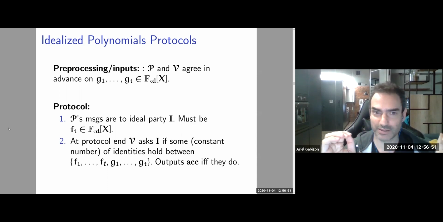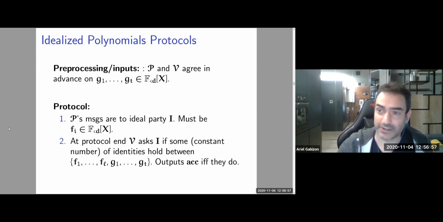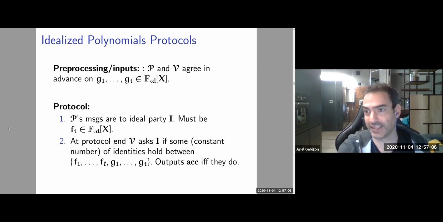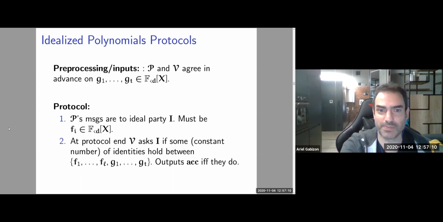The protocol has some pre-processing or input stage where there's a prover and verifier. And in this first stage, we agree on some set of polynomials of degree less than d. There's some d we all know, some degree bound, and this means univariate polynomials of degree smaller than d.